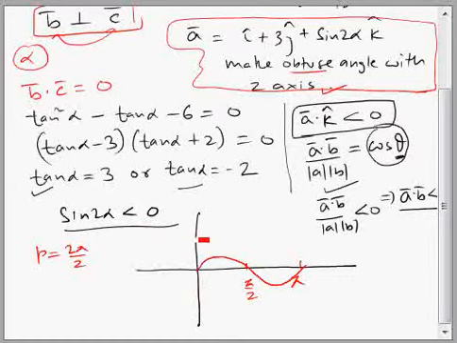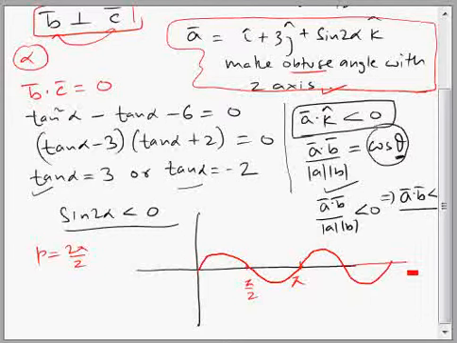This is the graph. On the same scale we can draw the graph of tan alpha.